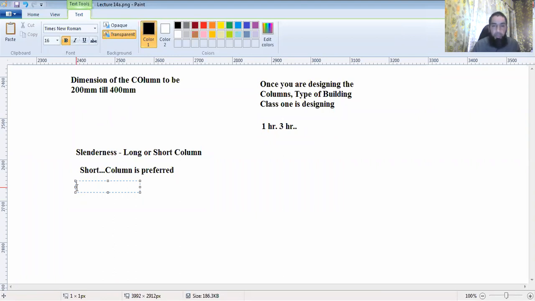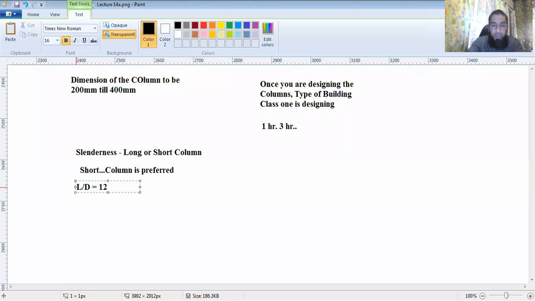But we can keep it somewhere in between a long column or a short column. Now, if the height of the building is, say, 3.5 meters, and we wanted it to be a short column, then L by D ratio would have been less than 12.